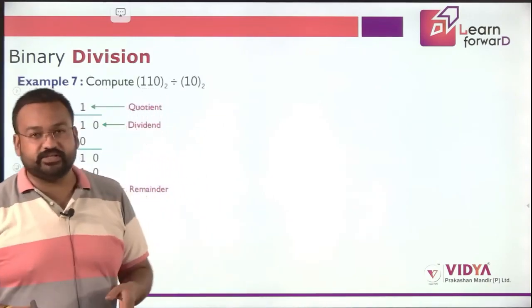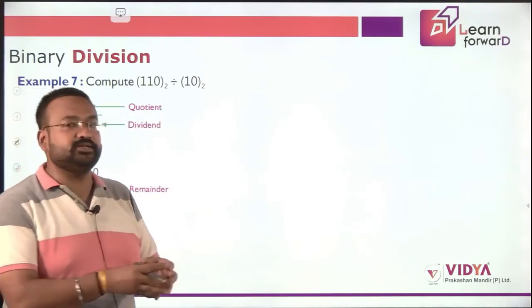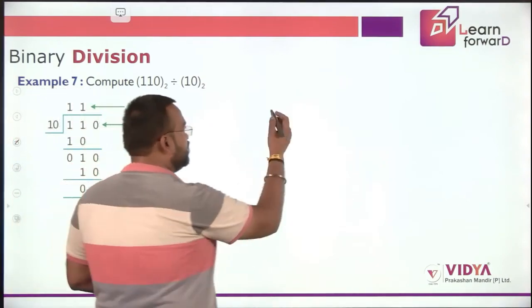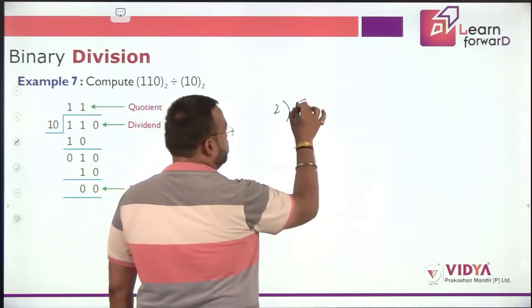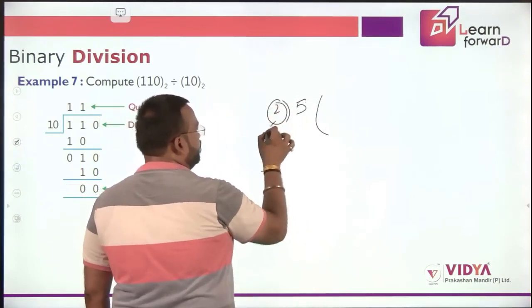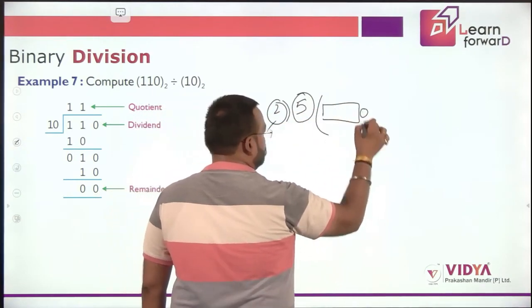Binary division is basically a combination of your multiplication and subtraction. Whenever you are dividing a number, there would be a divisor, let's say 2, and suppose we have a number 5. So this is your divisor, this is your dividend, and over here we will have the quotient.